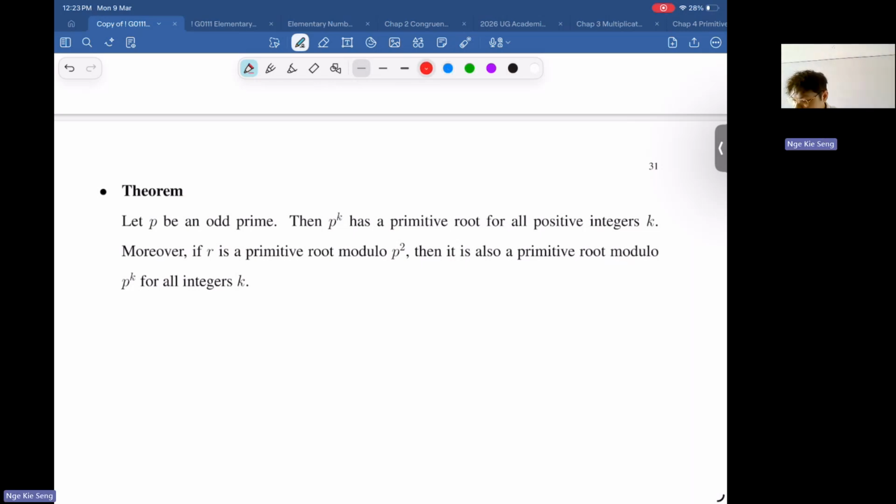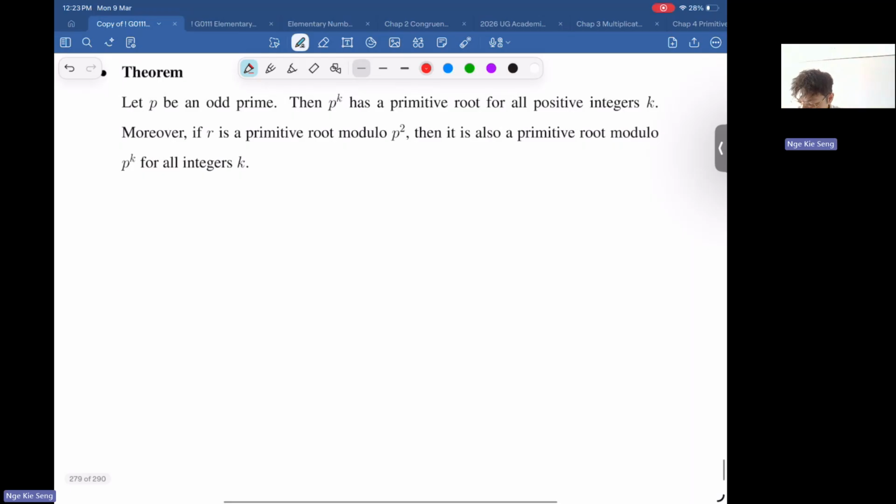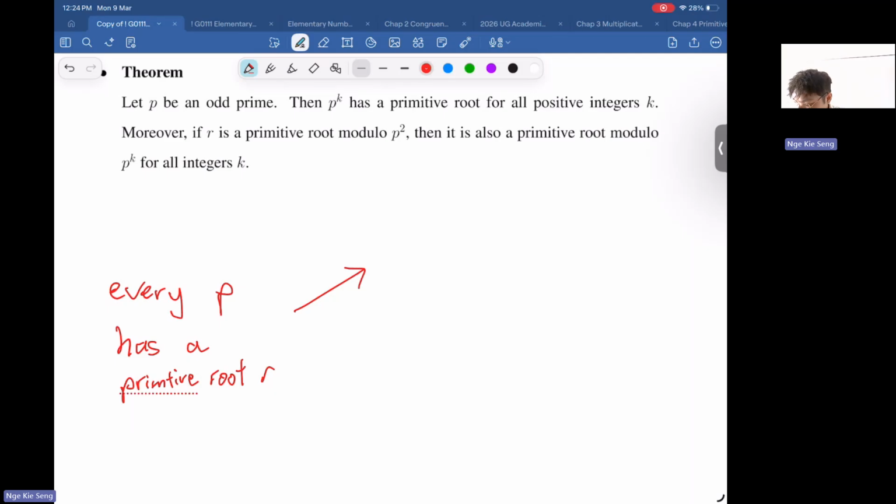Maybe I draw a chart here. Every prime p has a primitive root, let's say r. Then there are two cases. The order of r mod p squared will be p minus 1, or the order of r mod p squared will be p squared minus p.